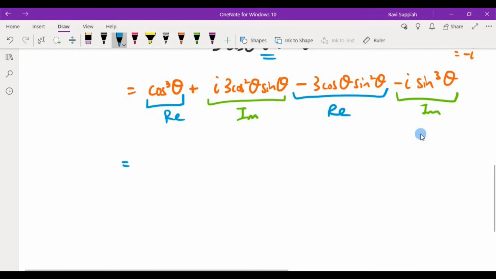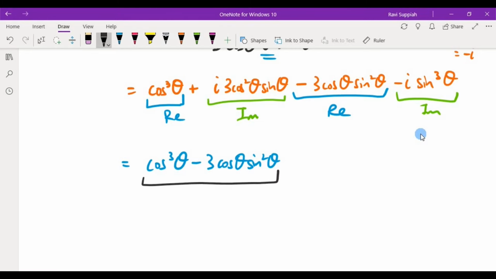So what I'm going to have is cosine cube theta minus 3 cos theta sine square theta. So this is the real part over here. Okay, and then the imaginary.